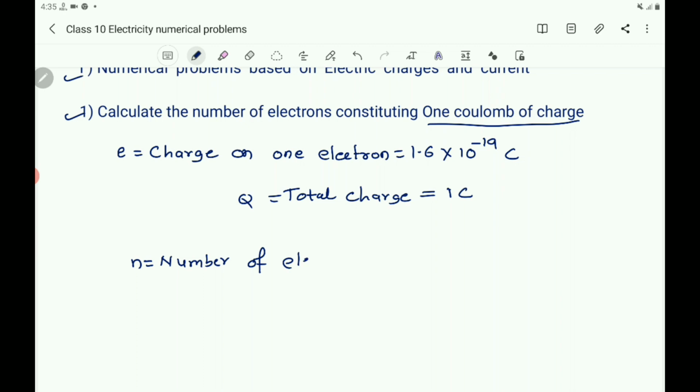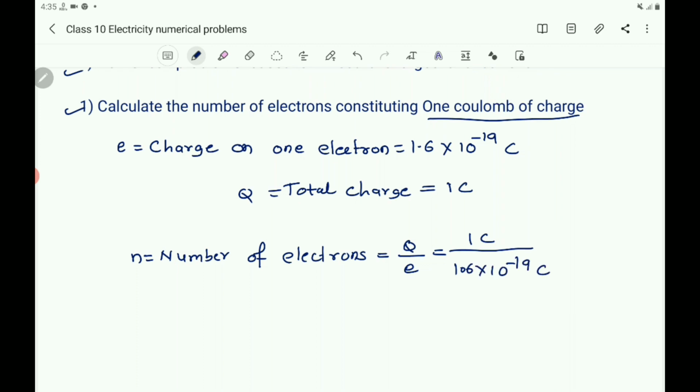Number of electrons equals Q by e. Q by e is 1C by 1.6 into 10 to the power of minus 19C.